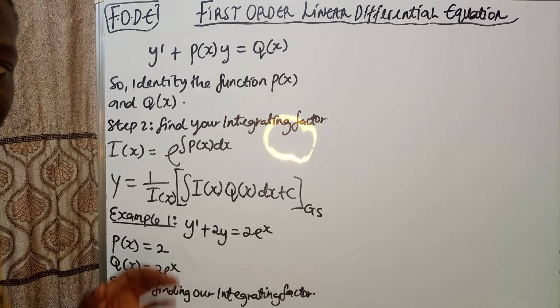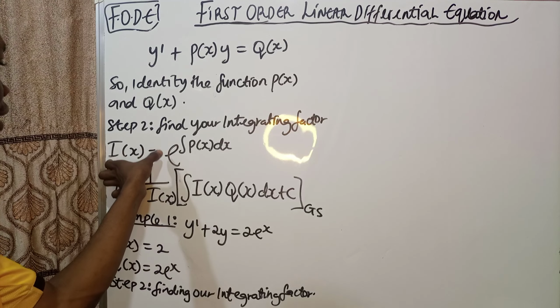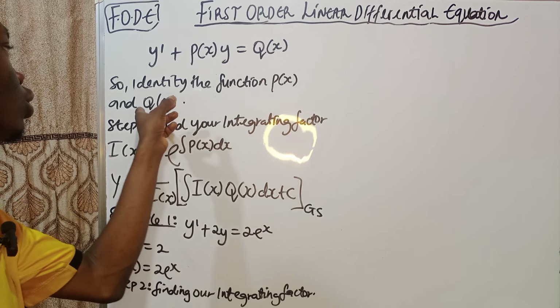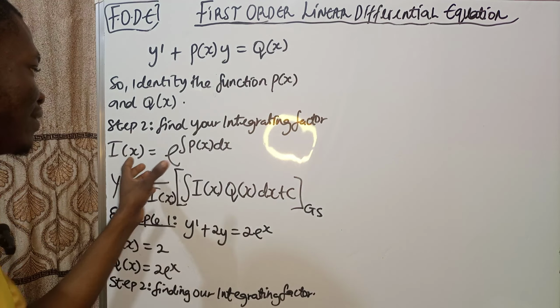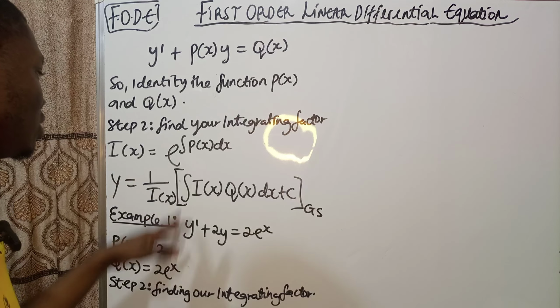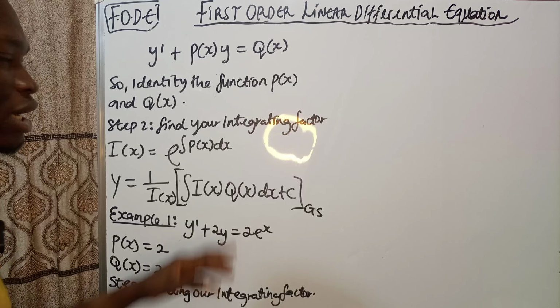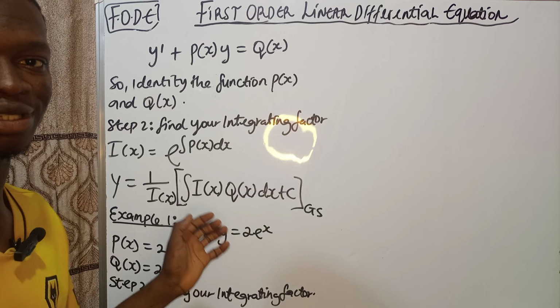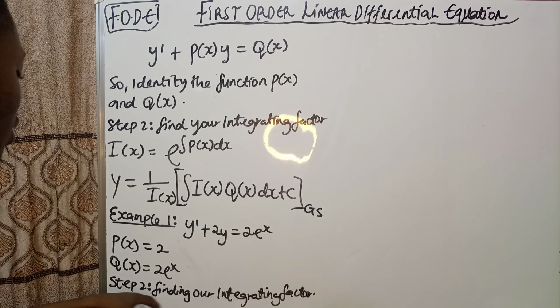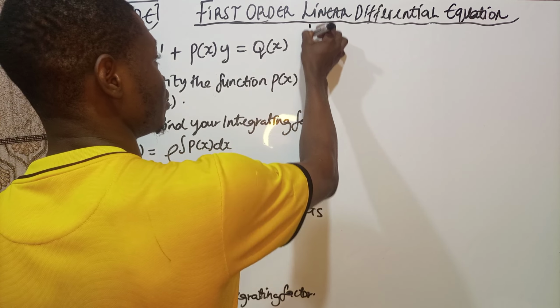The steps are not difficult. Just understand this. First of all, identify the functions p of x and q of x. After identifying them, you find your integrating factor, which is e raised to the power of the integral of p of x.